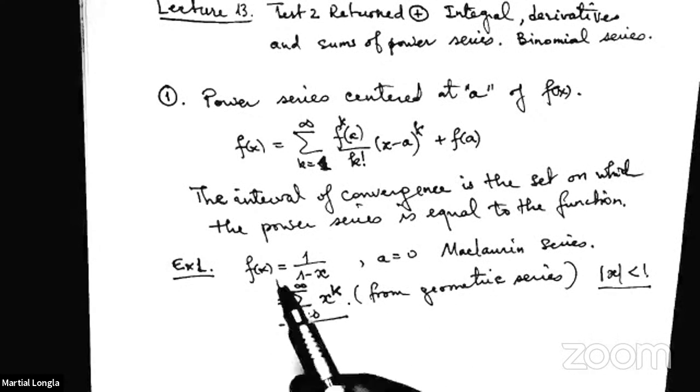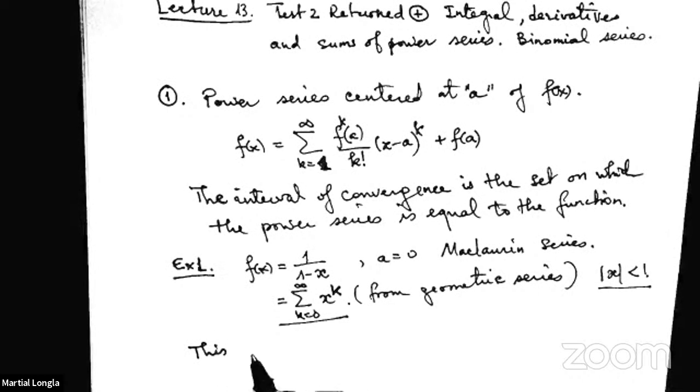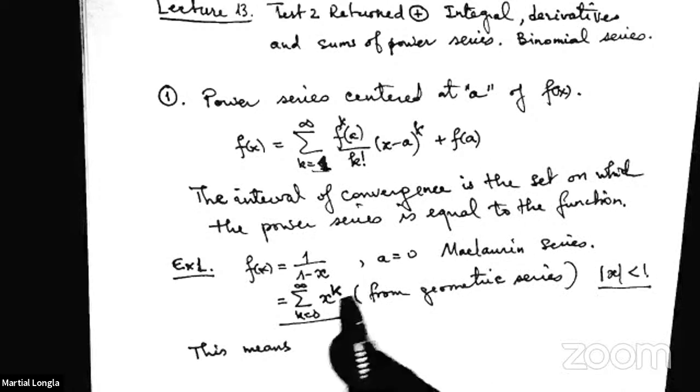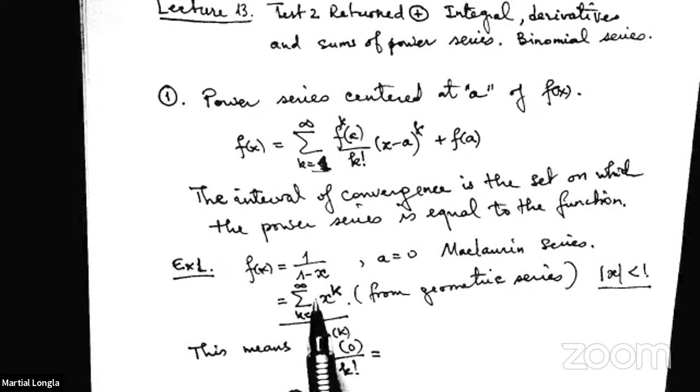On this interval, this function is equal to that, which also means that according to that formula, the kth derivative at 0 divided by k factorial equals, what's the coefficient here? 1.